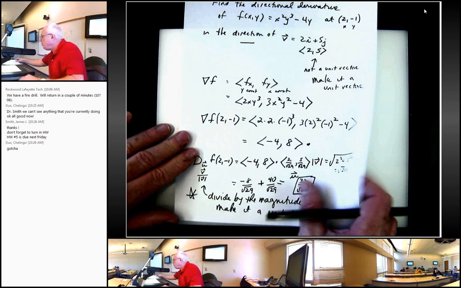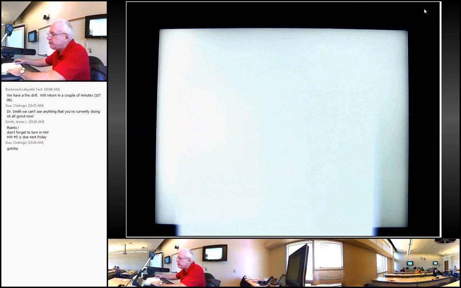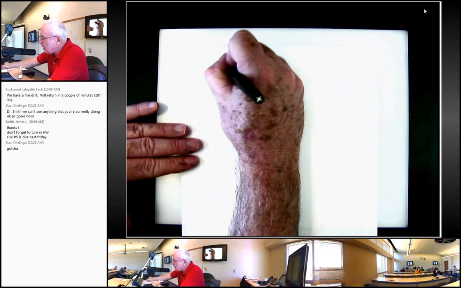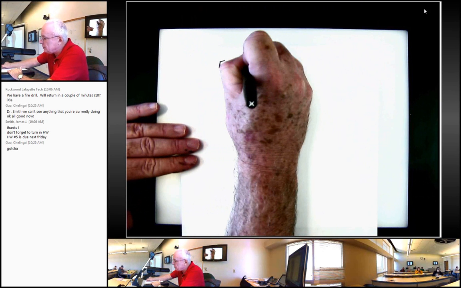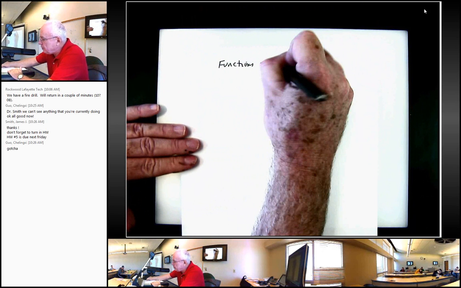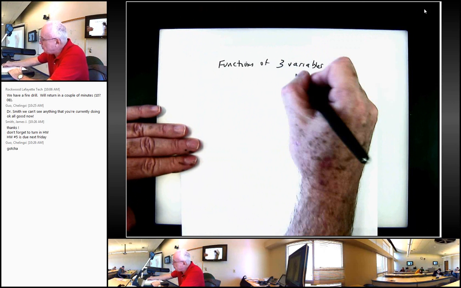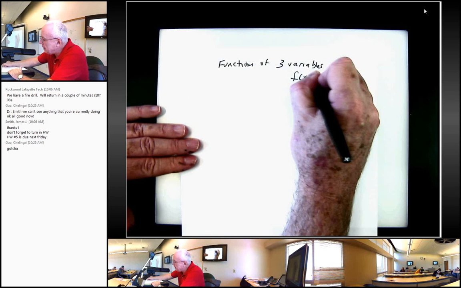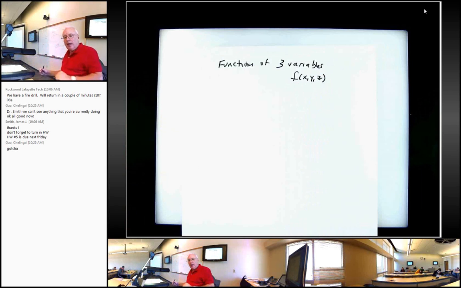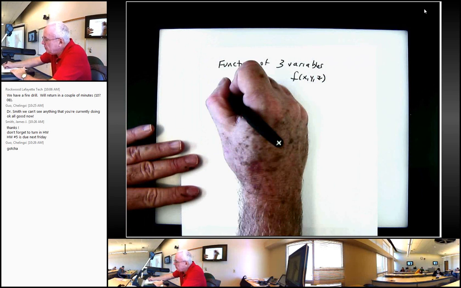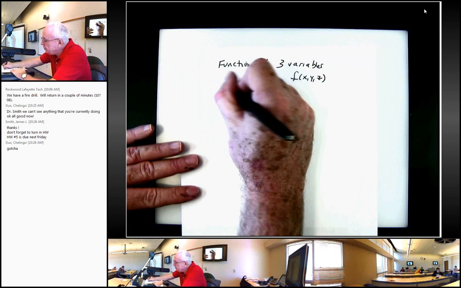Just to give you, we can of course have functions of 3 variables and have a gradient for 3 variables. So I'm just going to show you this. Functions of 3 variables. So f of x, y, and z, and say again we want a unit vector.